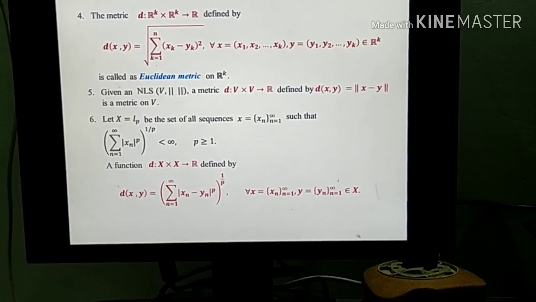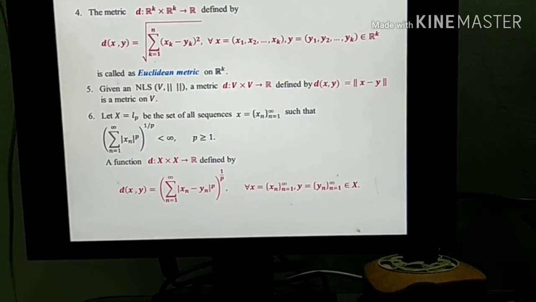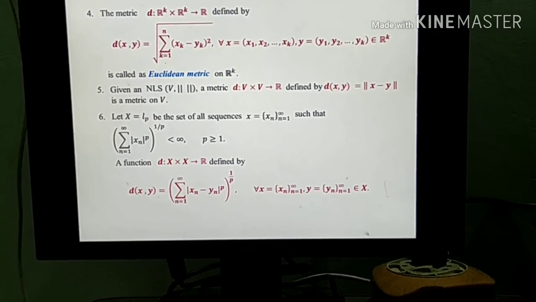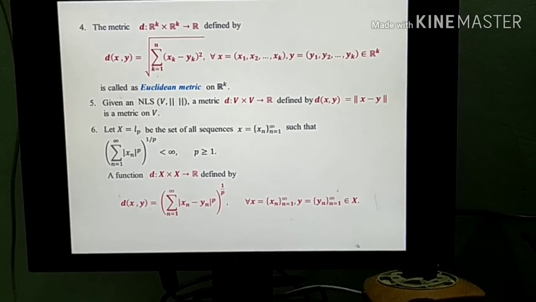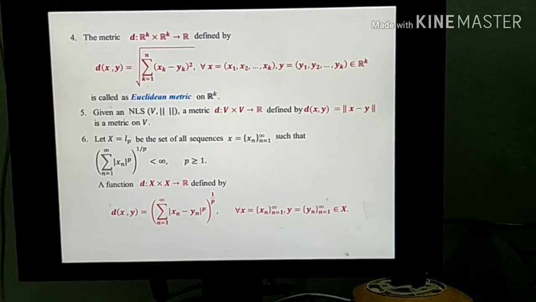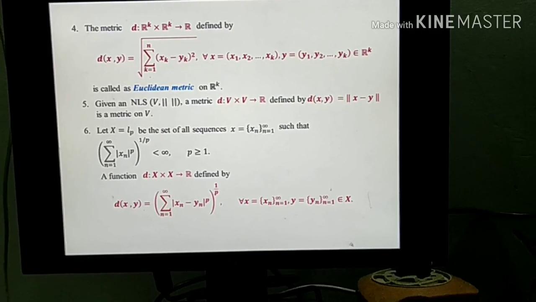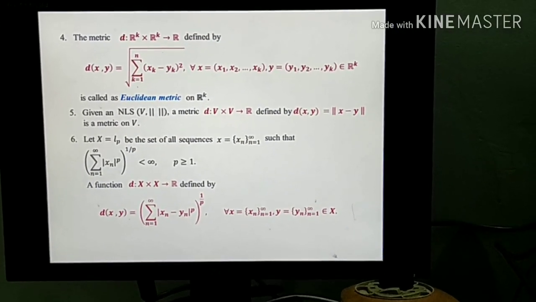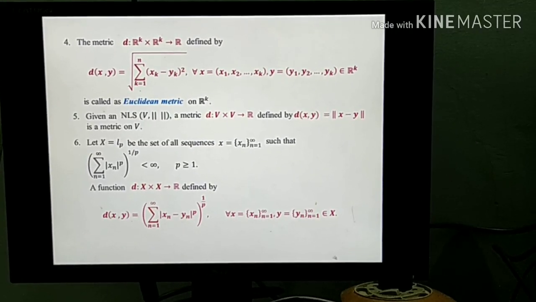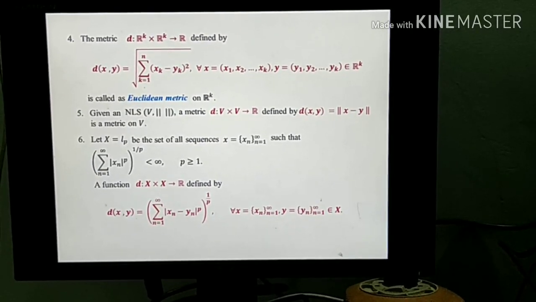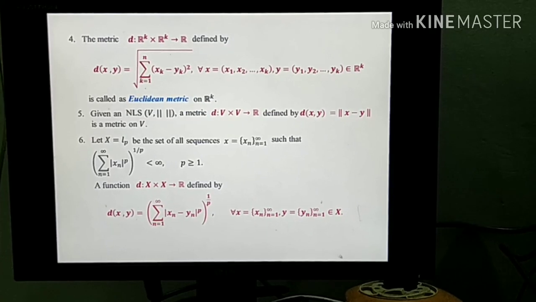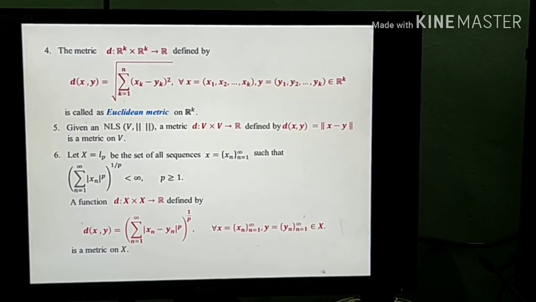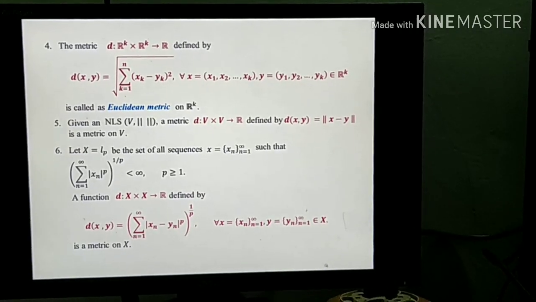It is possible if and only if xn is equal to yn, and therefore d(x,y) is equal to 0 if and only if the sequences x and y are identical, and therefore the identity property is satisfied by d. Again, the third and fourth properties can be verified by using our standard absolute value metric on R. Therefore, it is a metric on X.